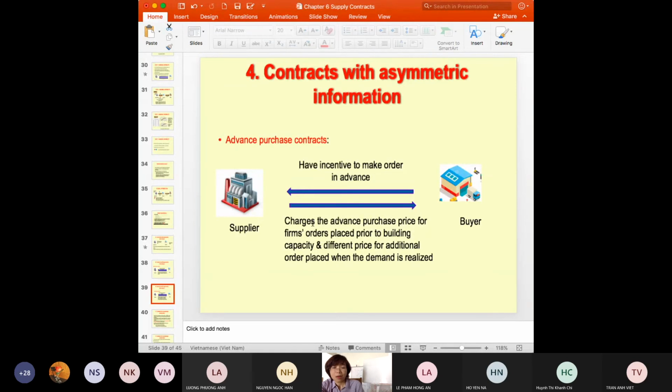For example, preparing for the summer, the buyer orders the product from the supplier. They order 100 units. So the supplier will charge that price. After they order 100, if they place an additional order, the supplier will charge a different price.